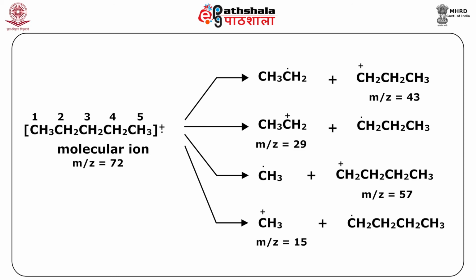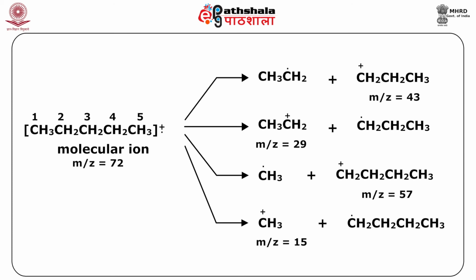Pentane undergoes fragmentation between carbon-carbon bonds to form various radical cations with different m by z values. Weaker bonds break more easily as compared to stronger bonds, and the bonds which break form more stable fragments in comparison to the bonds that form less stable fragments.